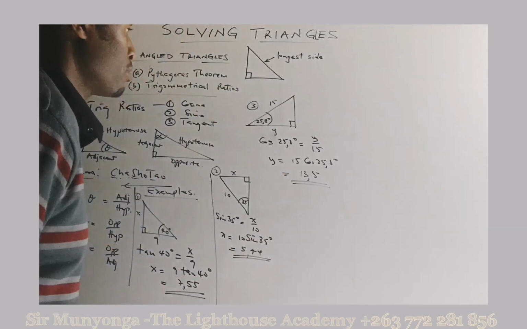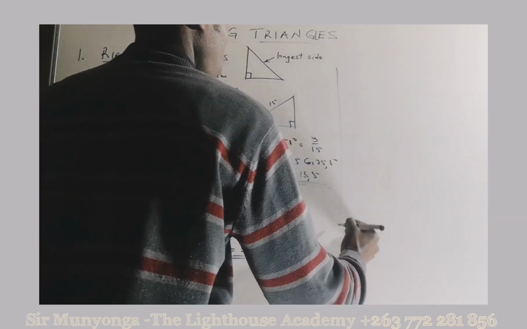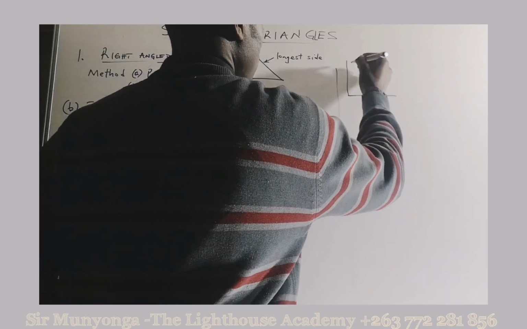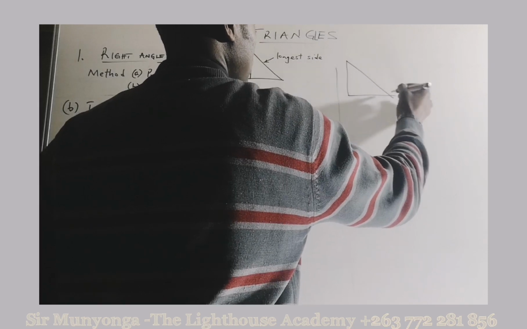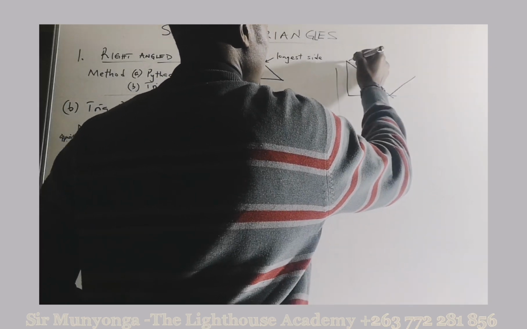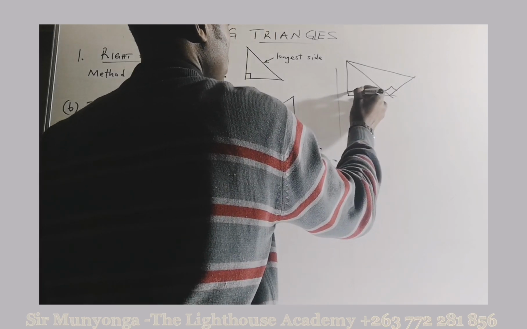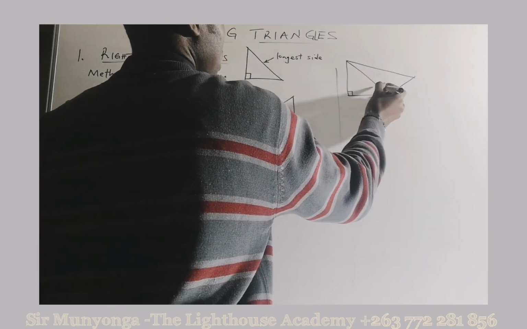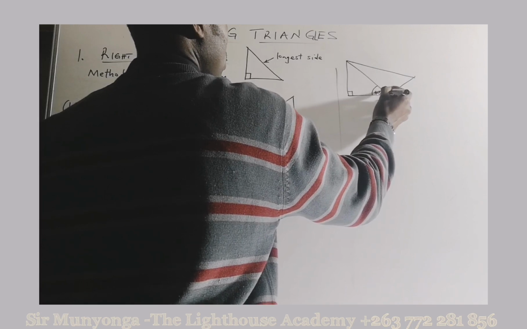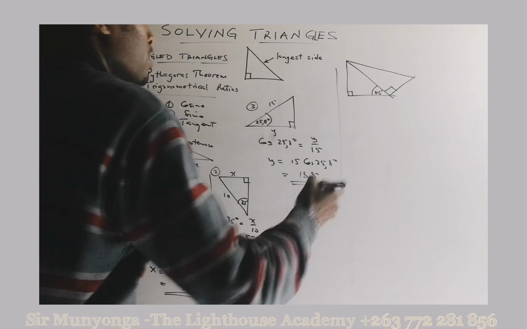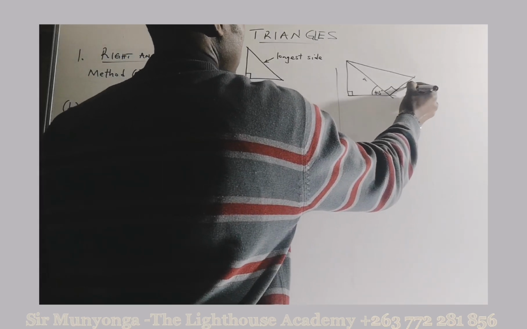Example 4: we are given two right angle triangles. It's 45 degrees, and this side is A, B.